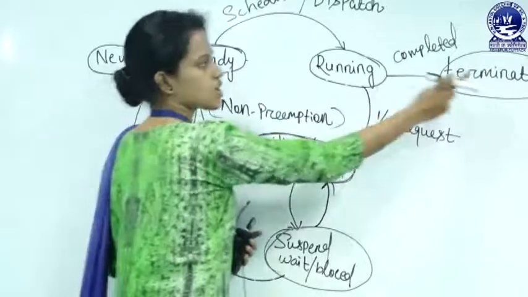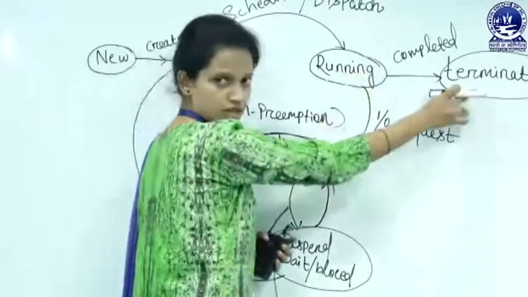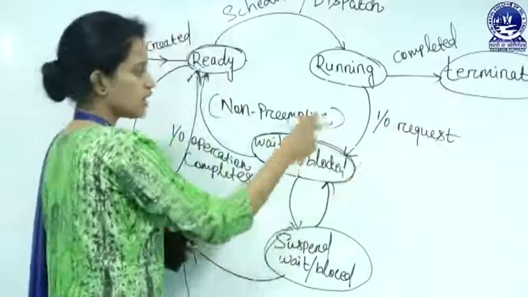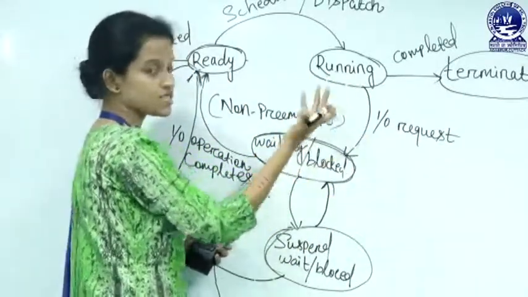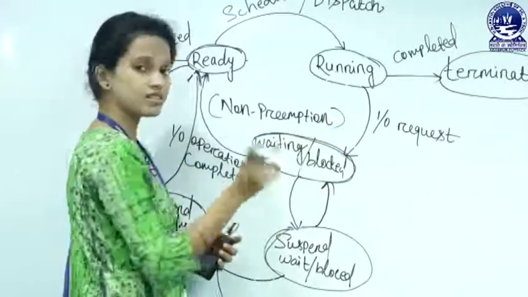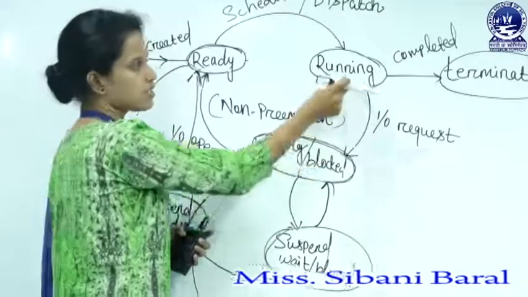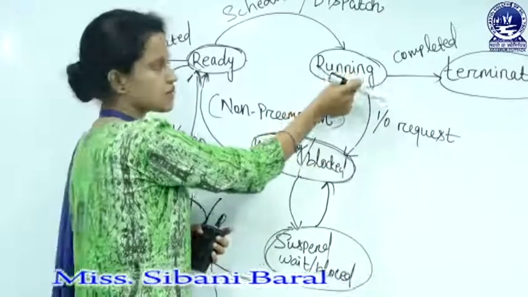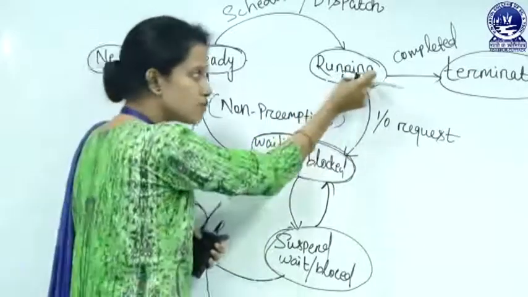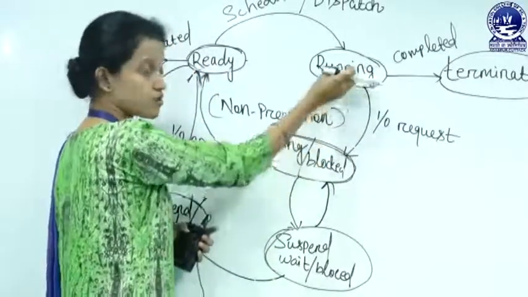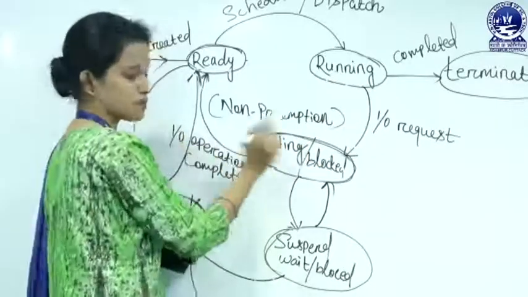Otherwise, if everything goes smoothly, the process will be terminated. But when it needs some IO operation, it goes to the blocked state and the CPU would be free. But we cannot forcefully remove that process from the CPU. That is known as non-preemption.